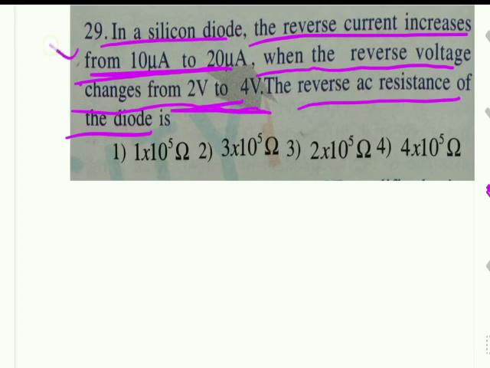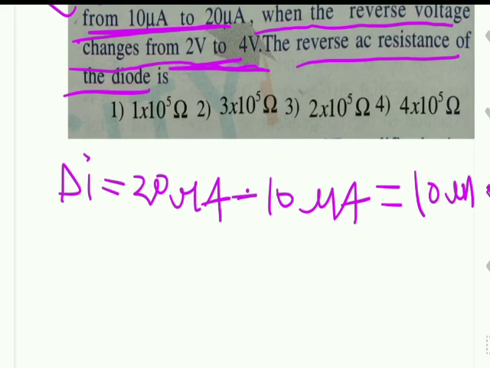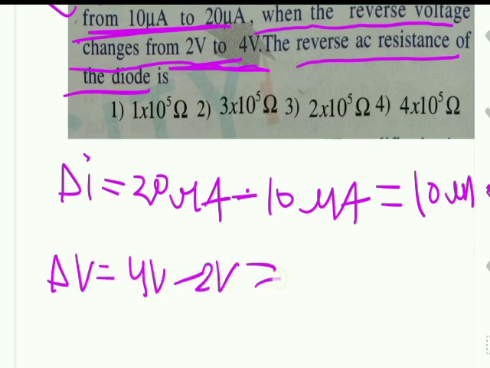Change in the current is 10 microamps to 20 microamps, so 10 microamps. Change in the potential, delta V, is 4 volts minus 2 volts, equal to 2 volts.